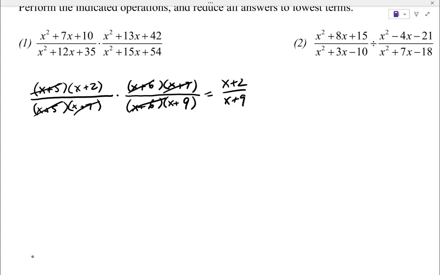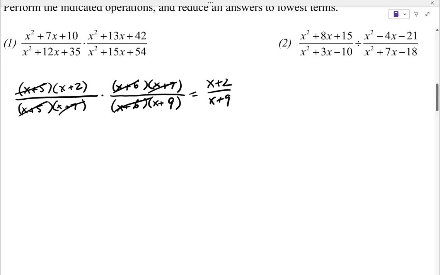All right. The next problem is almost exactly the same, except that we've got division instead of multiplication. The very first thing I would do in this case is rewrite it as multiplication, and then do it like we just did the previous problem. When you divide, what do we do instead?